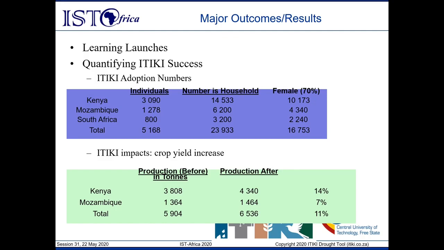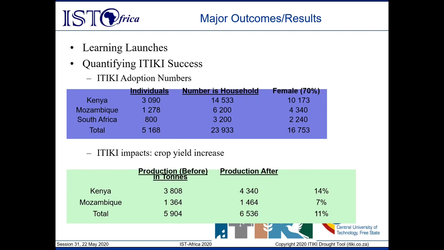We've also been collecting statistics on how much farmers improve in terms of the food they produce. And we've been able to observe over the 3 years that the project has been run on commercial basis, that in Kenya, for example, there has been up to 14% increase in yield. In Mozambique, it's 7%.